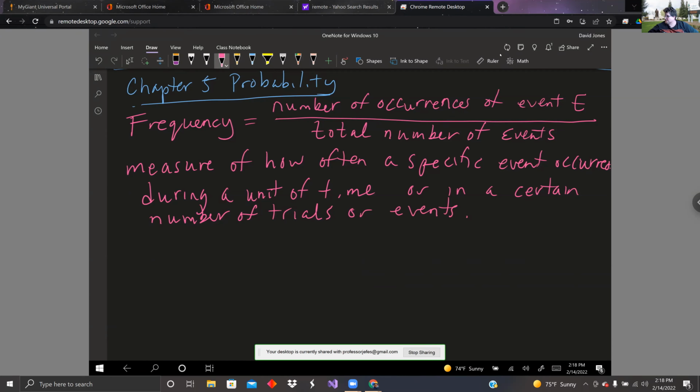This is historical data. It doesn't have to be long in the history. It could have been just today, but it's happened in the past. That's where it differs from probability.